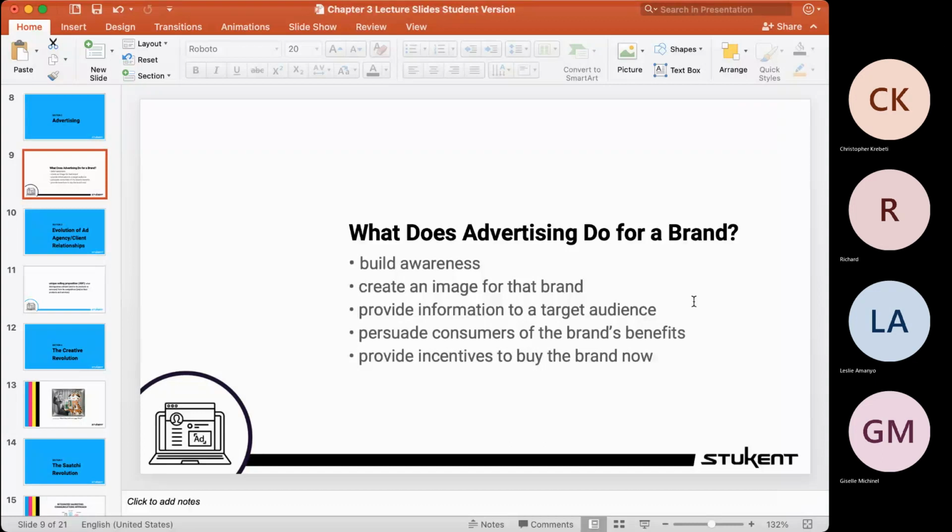Advertising persuades consumers of the brand's benefit. So through advertising, people or consumers or customers will become convinced that, hey, this brand has this benefit. Why don't I go for it?